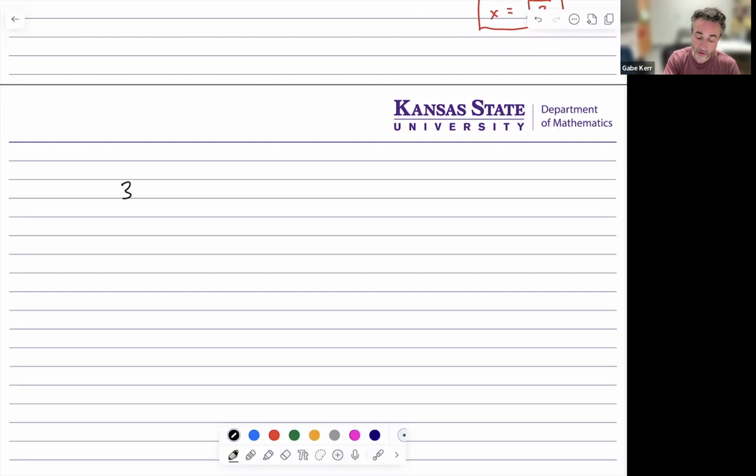So we could talk about 3 to the 5th, which is 3 times 3 times 3, 5 times. So whatever your base is, when you take it to that power, you multiply that base that many times. So this is 243 or something.